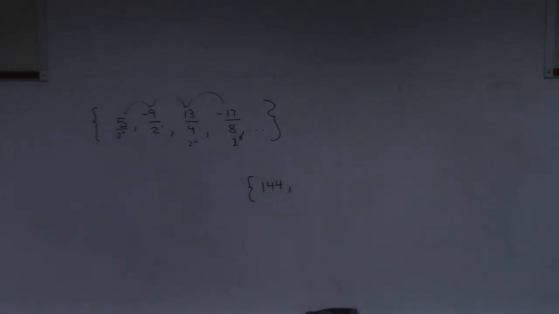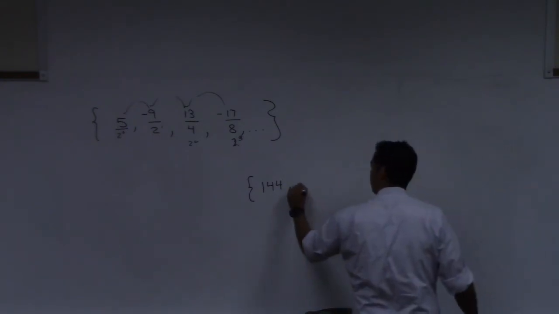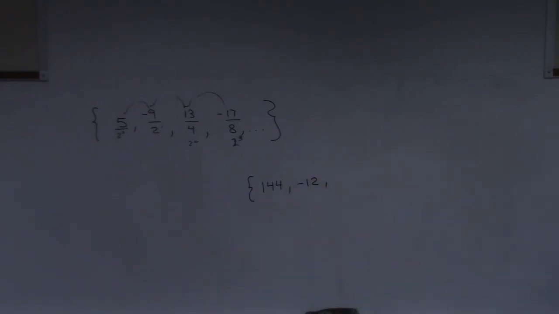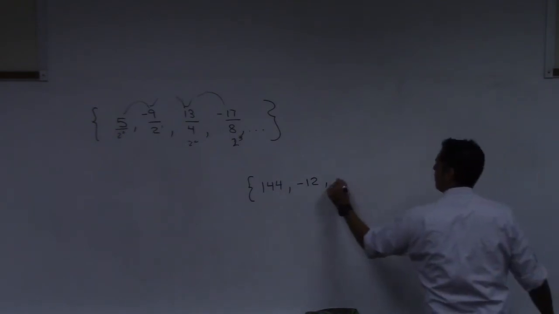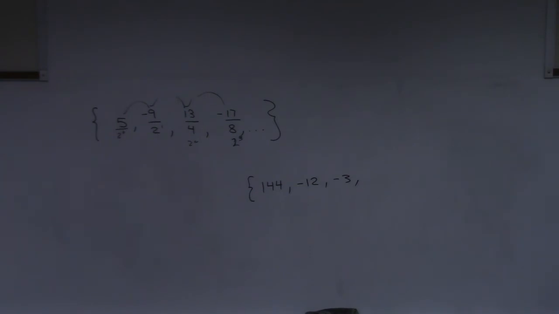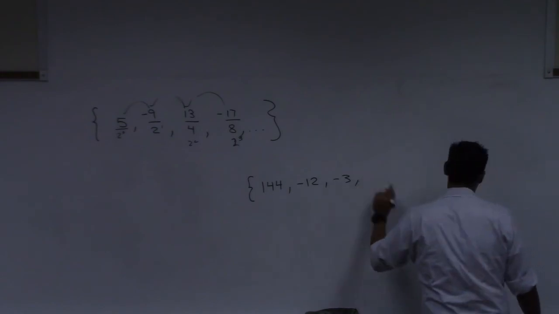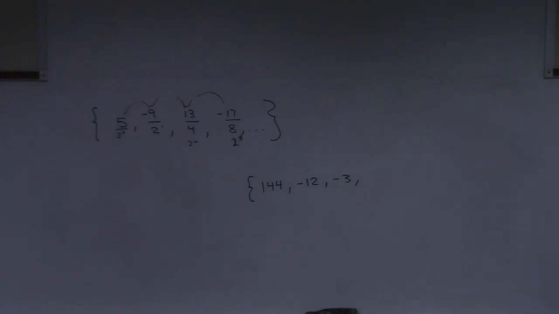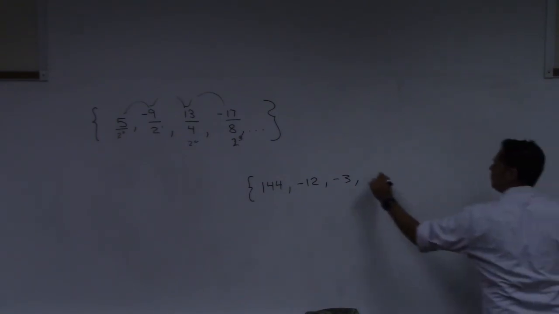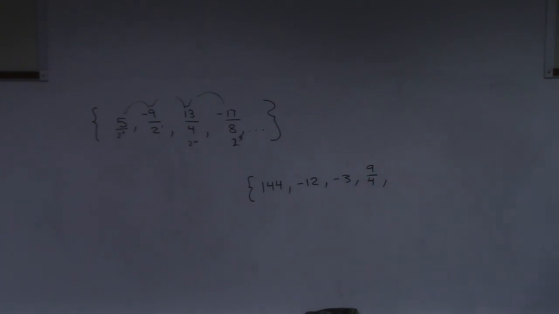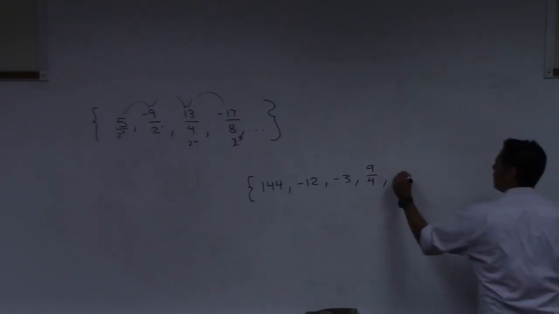144, negative 12, negative 3, 9/4, negative 15 over 16, 21 over 64, negative 27 over 256, dot, dot, dot.